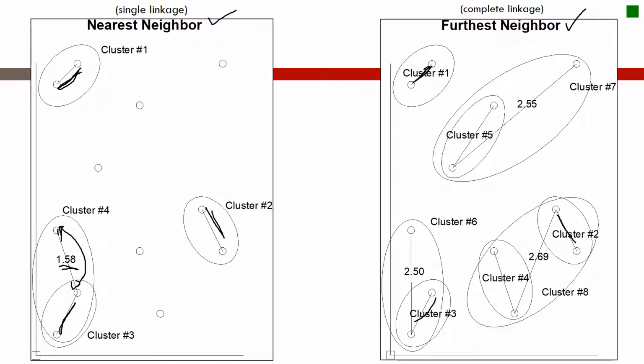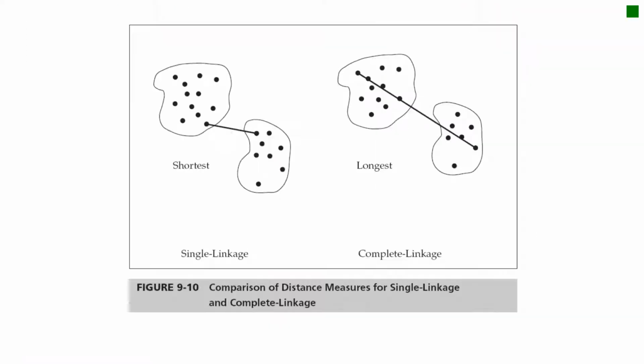Number 4, though, sees these two together. Number 5 sees these guys together up here, and then continues on. So it will actually look for ones that are on the outside and the outskirts and bring them in. And it'll be a little bit more of a complete clustering approach as it moves forward.